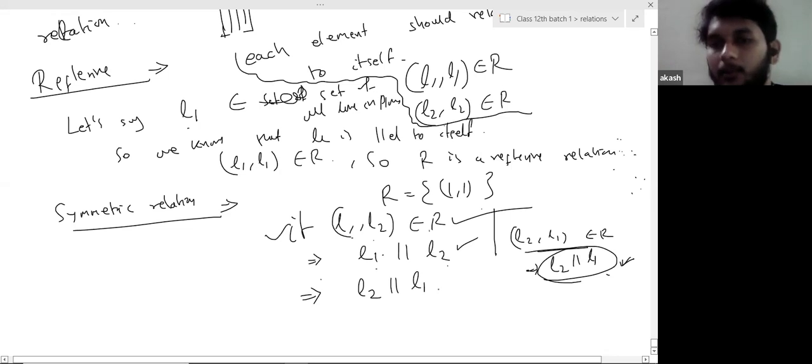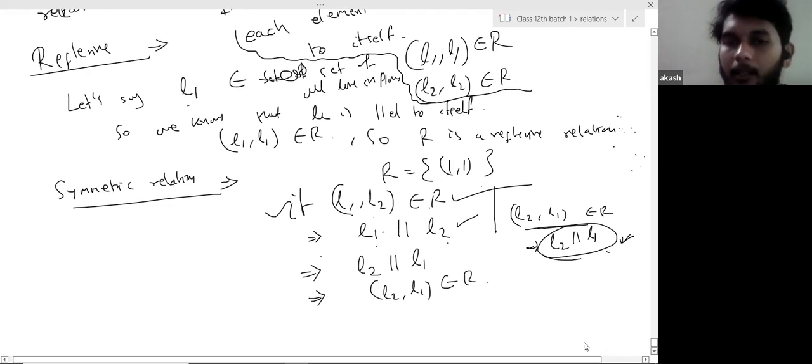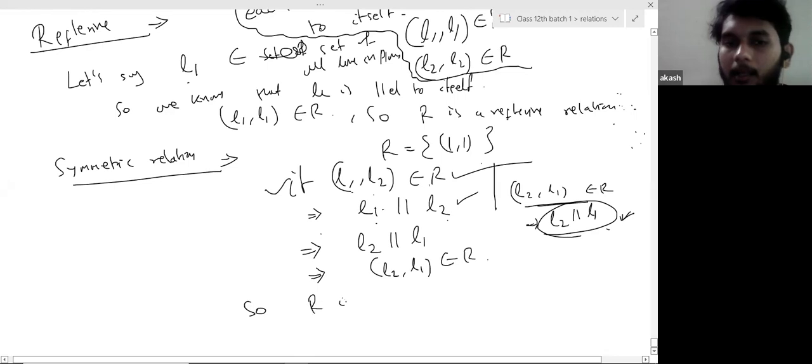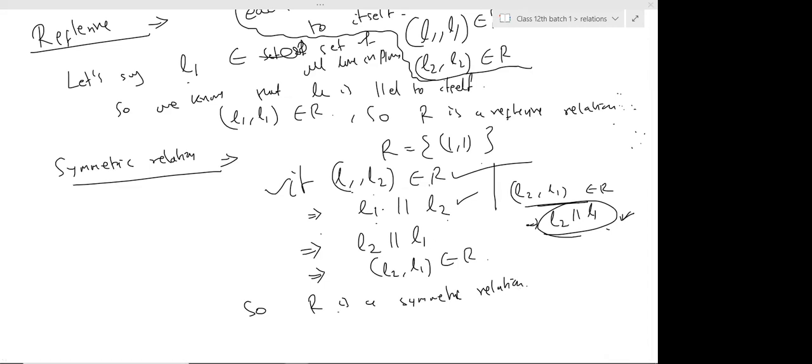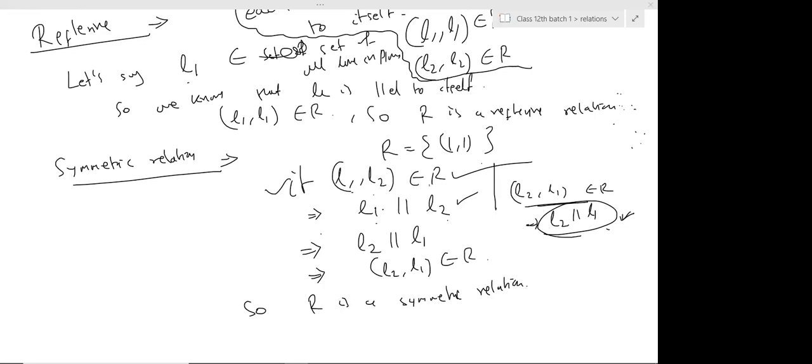If one line is parallel to another, the other is parallel to the first one also. So this implies (L2, L1) also belongs to R. So R is a symmetric relation. Is this clear, everyone? Yes, sir. Shikani, this is clear, right? No doubts on this? All right. Now, what is transitive?